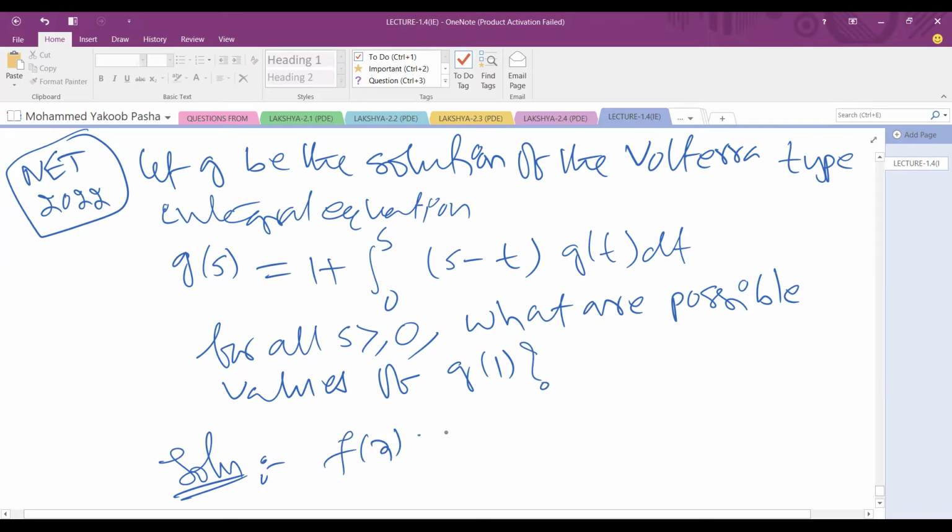F of x is 1. Lambda is 1. What is g of x and it is x minus t and X. So kabatti g of x is equal to x వస్తుంది.